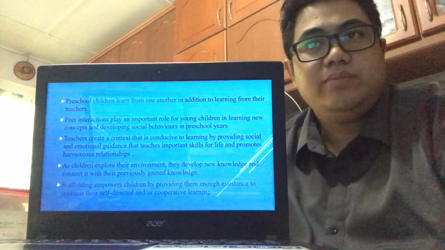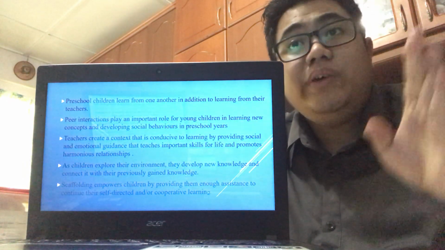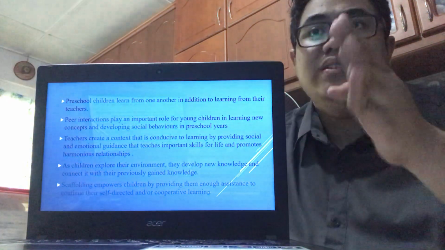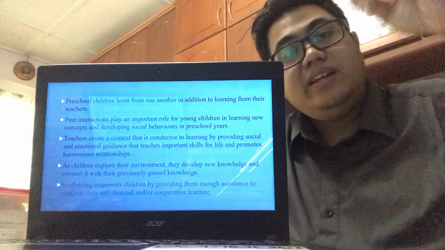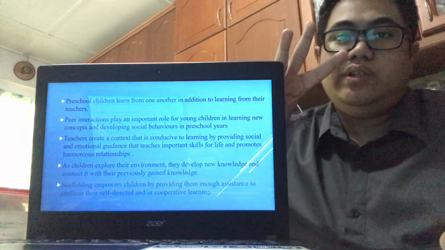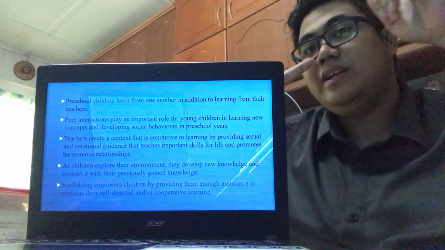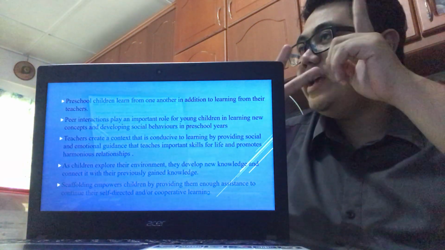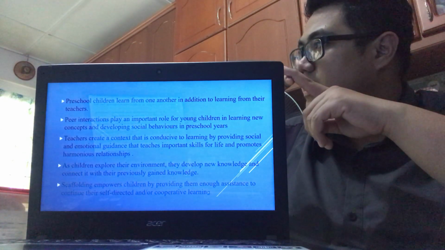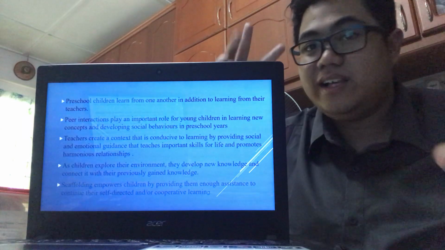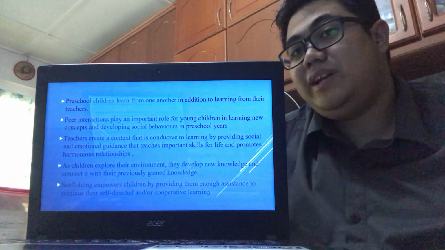As children explore the environment, they develop new knowledge and connect it with previous knowledge. First they explore, they do some experiment, and they do some explanation.